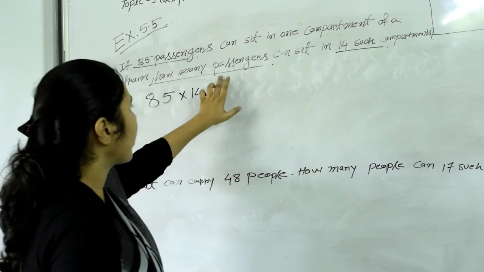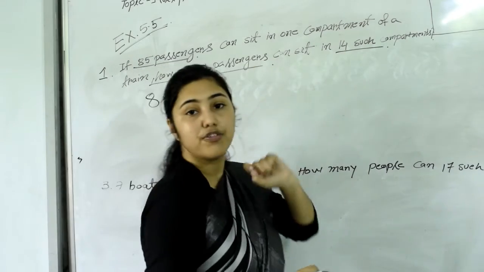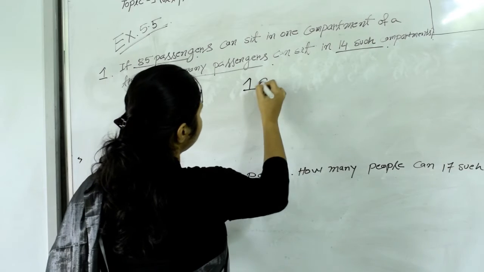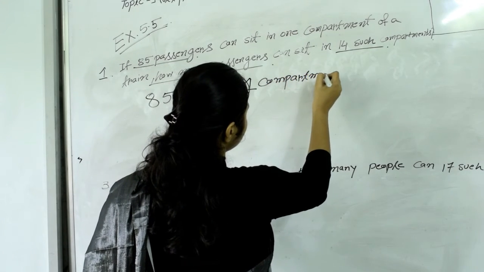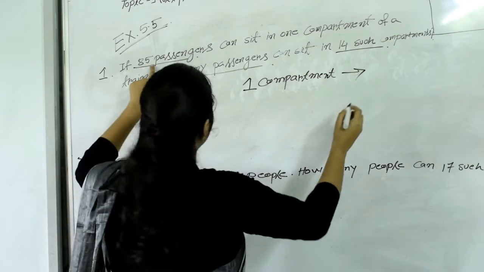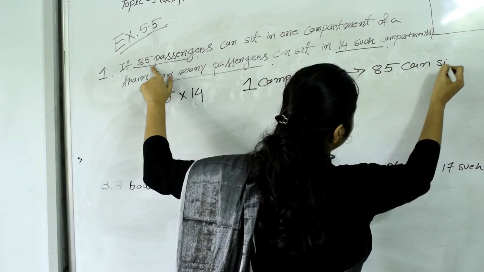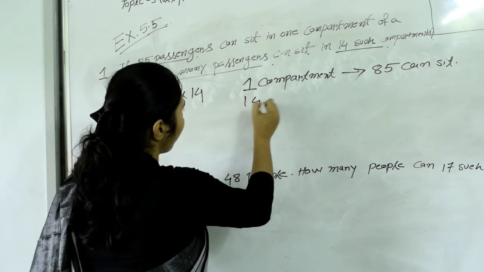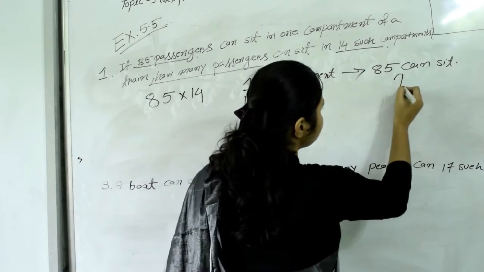So we have to find how many passengers can sit in 14 such compartments, which means in one compartment 85 passengers can sit, right? So we have to find, for 14 compartments, how many passengers can sit.